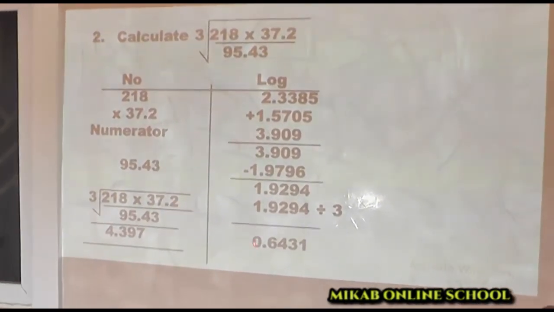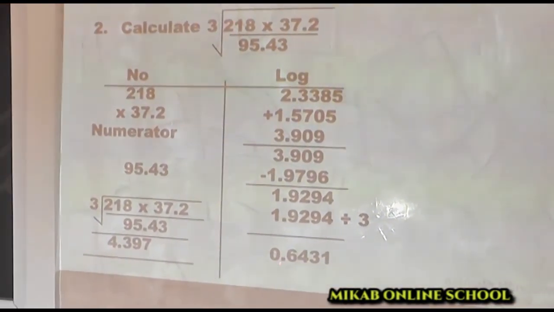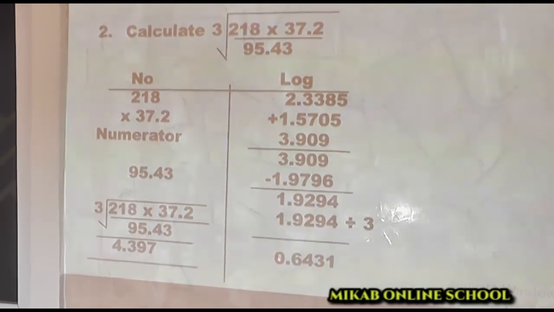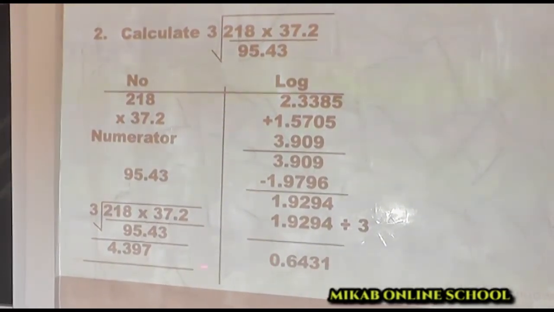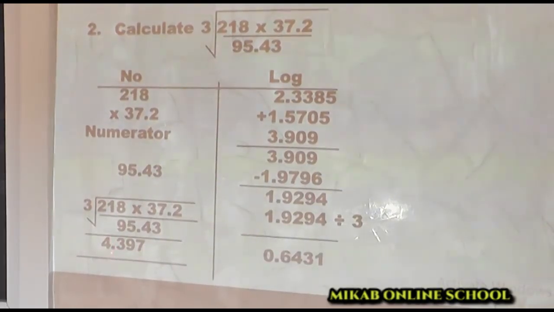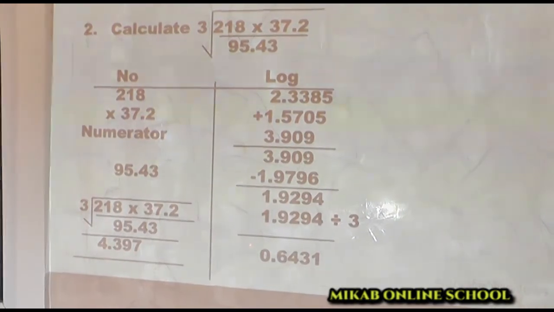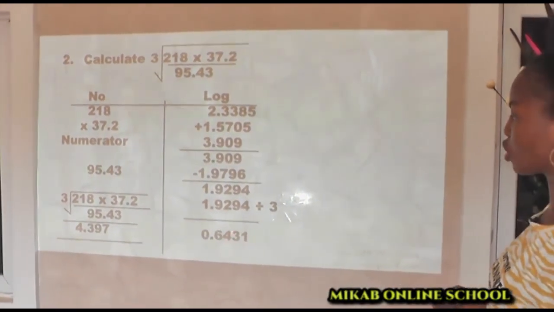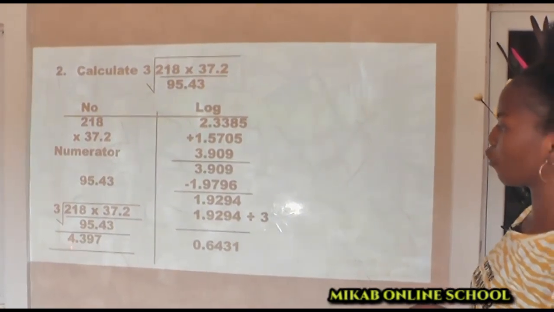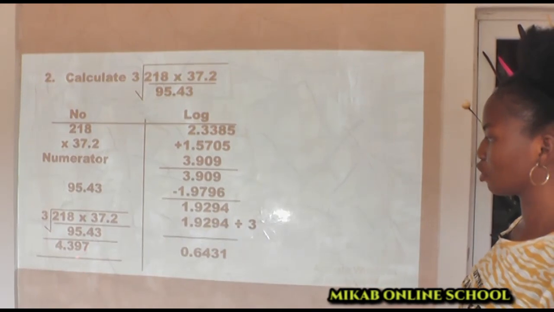From the characteristic, which gives the exact position of the decimal point, we add 1 to this 0, then we have 1. That tells us that after 1 digit, we place our decimal point. So the antilogarithm of 0.6431 will give 4.397.